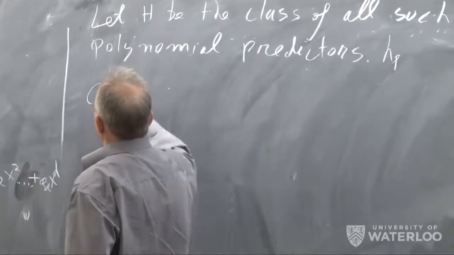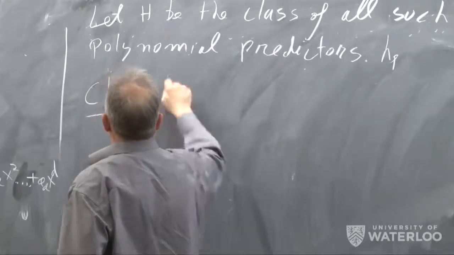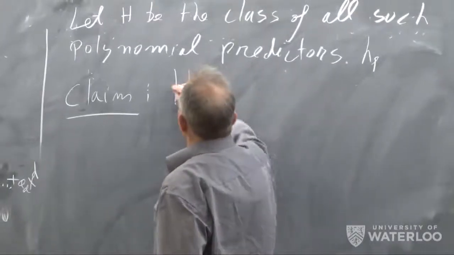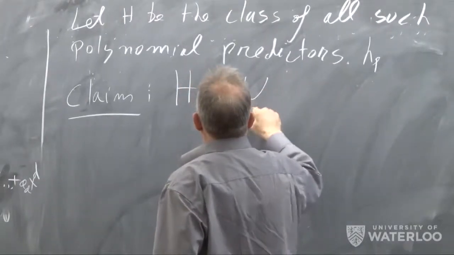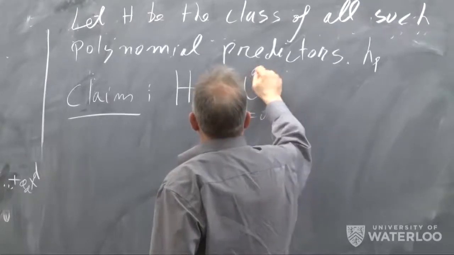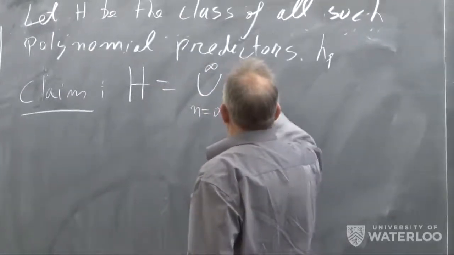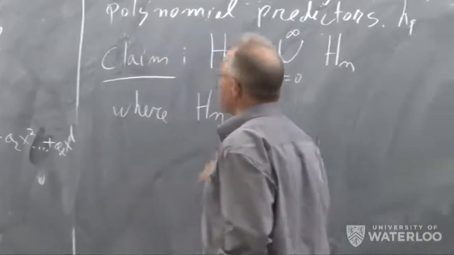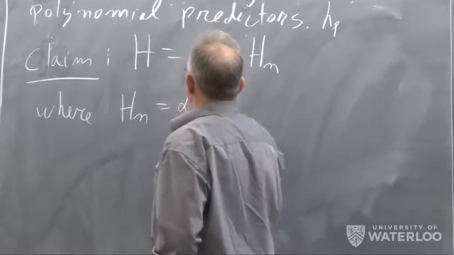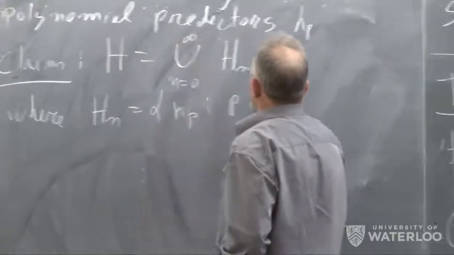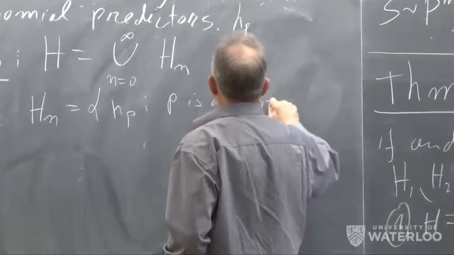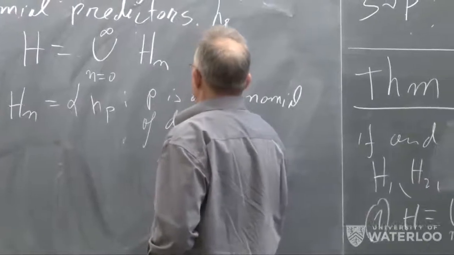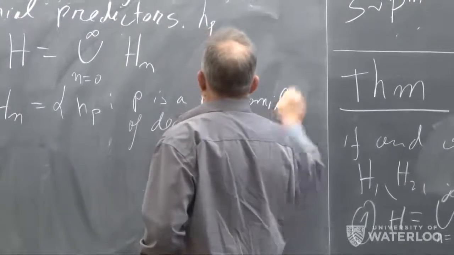First of all, I can represent H as a union of classes. So H is the union over n goes from 0 to infinity of classes Hn, where Hn is the class of all HP, such that P is a polynomial of degree at most n.